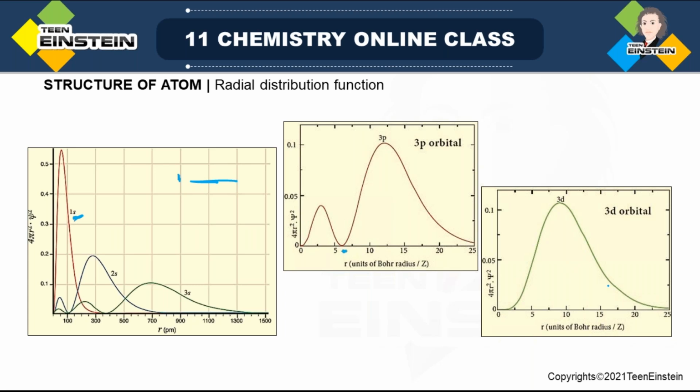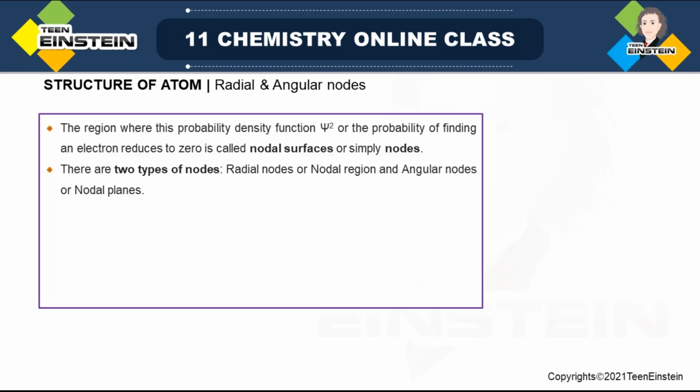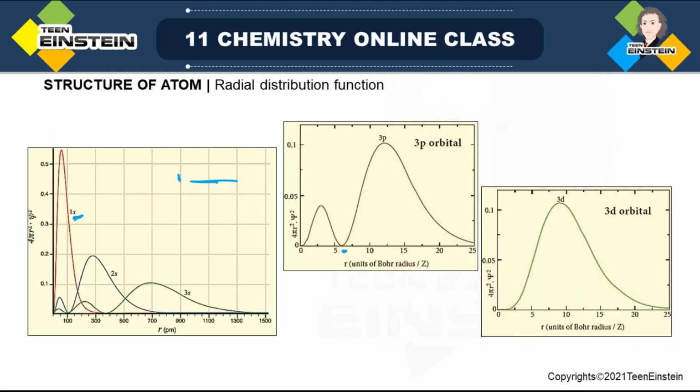There is a difference, and we are not getting any node. How to know this nature, obviously we'll see in the next class. How to understand how many nodes will be there, that we'll discuss in the next class.